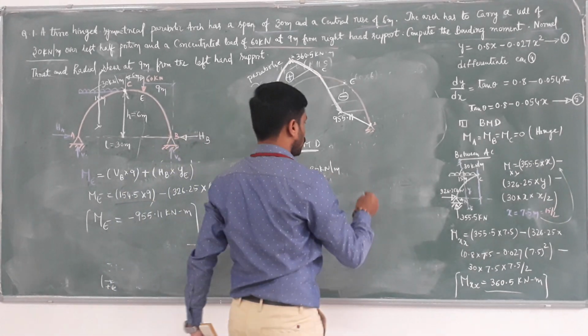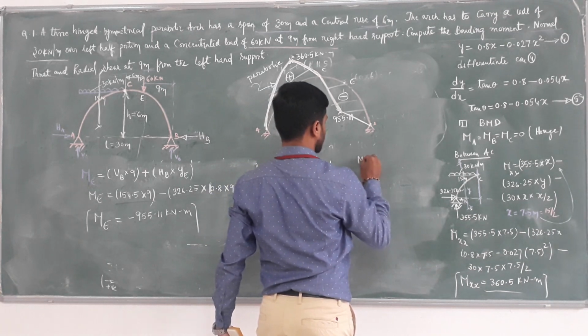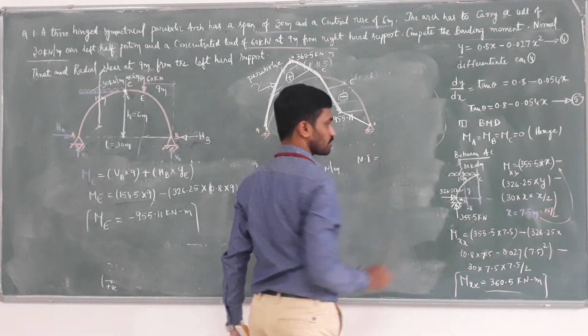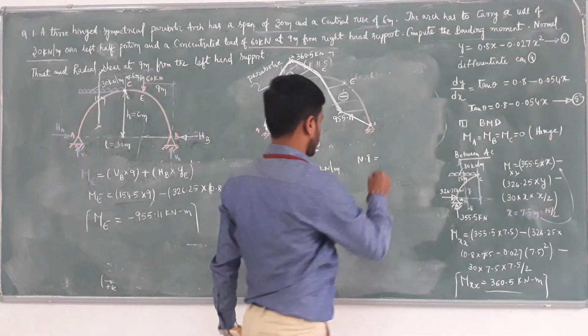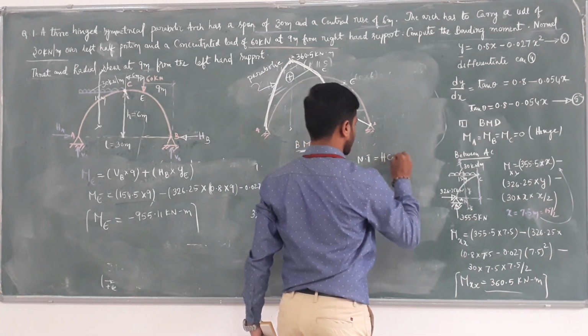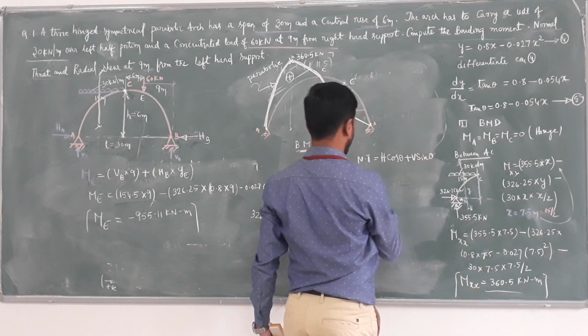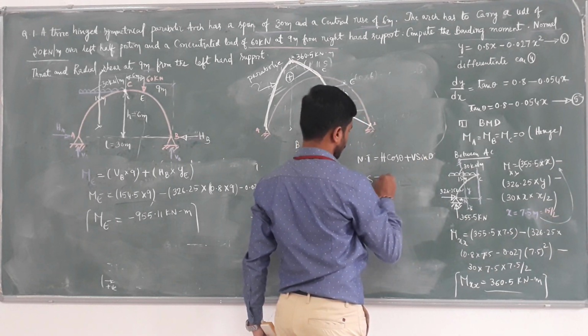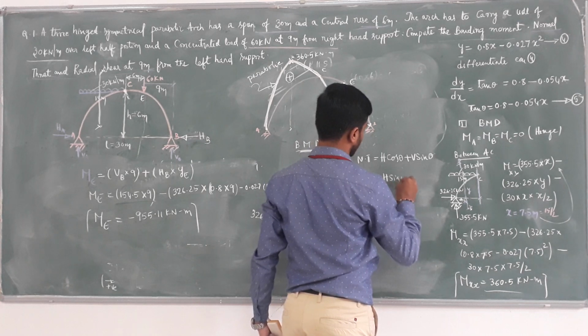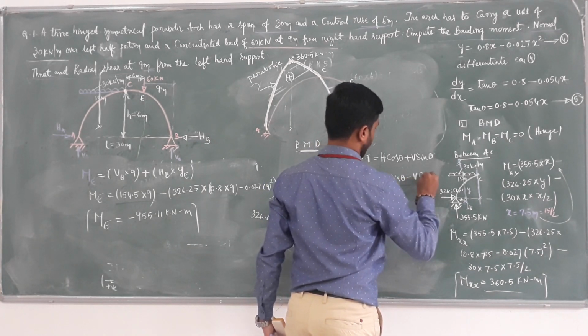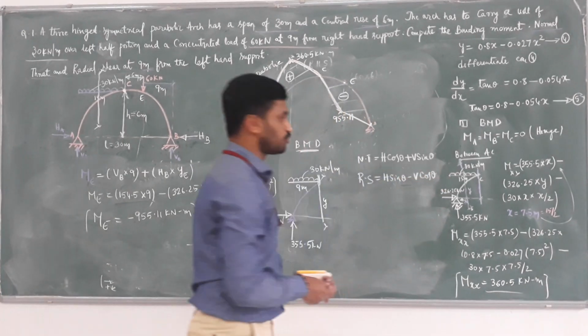So we know the equation for normal thrust and radial shear. The equation for normal thrust is H cos theta plus V sin theta. The equation for radial shear is H sin theta minus V cos theta.